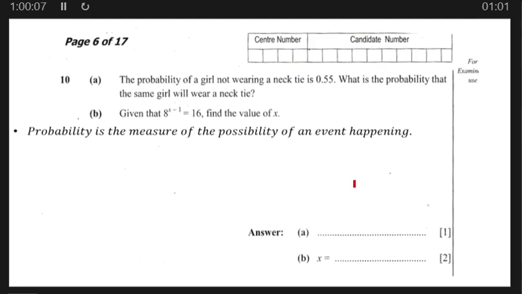The probability of an event happening depends on what chances are there for that event happening, all right, over all the chances. So for example, probability is always found by actual outcomes divided by possible outcomes, all right.